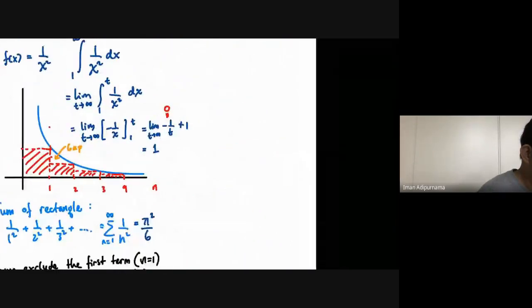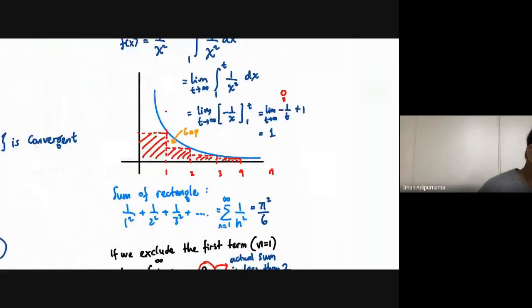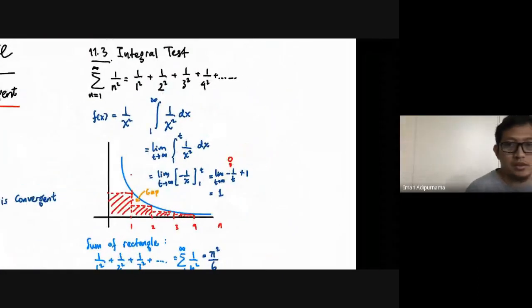Okay. Now let's see the other example. This is 1 over n squared.